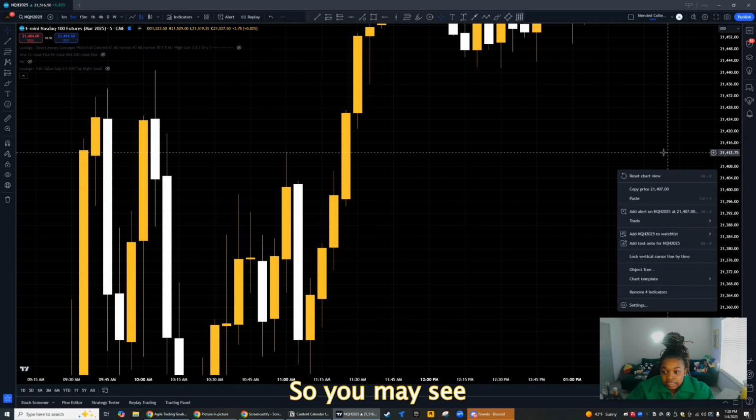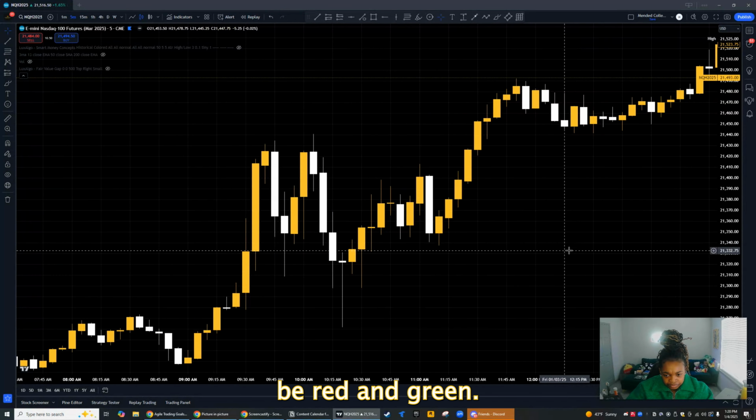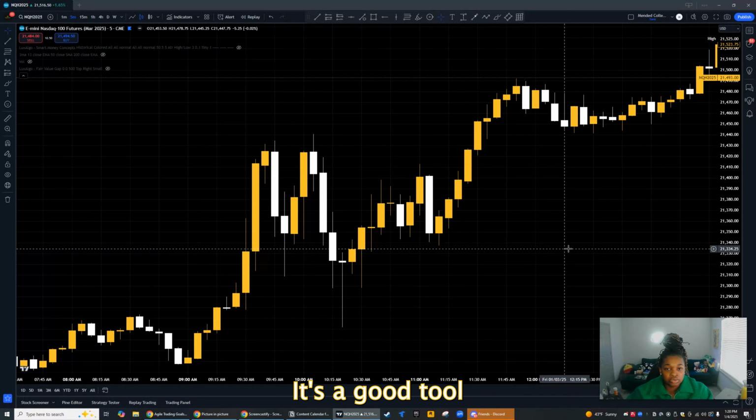You may see most charts be red and green. It's a good habit to not have your charts be red and green, because as humans we think about green as buy, money, going up, success, and we see red as sell, going down, negative.